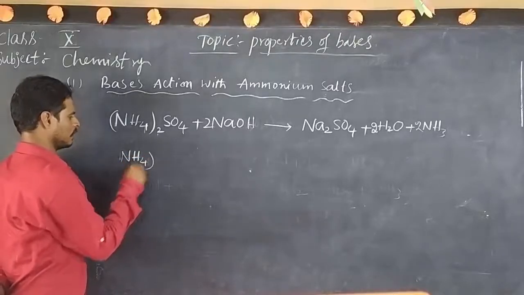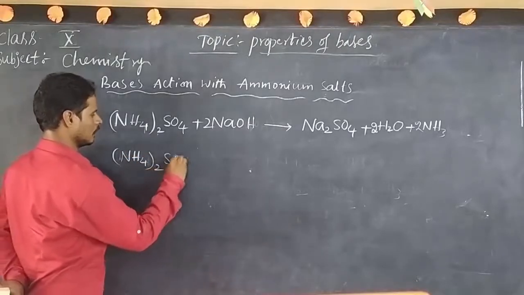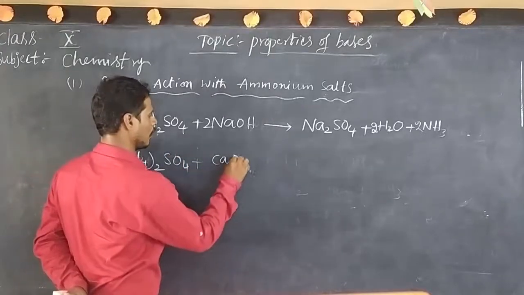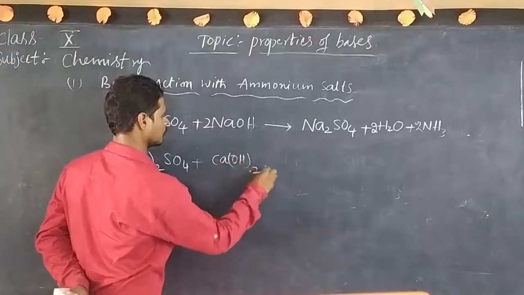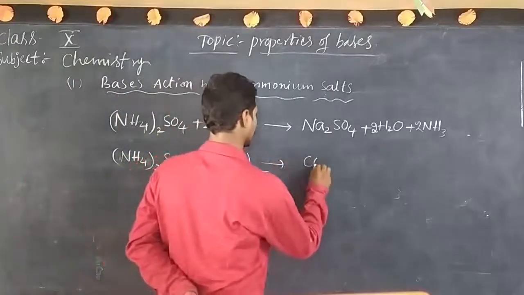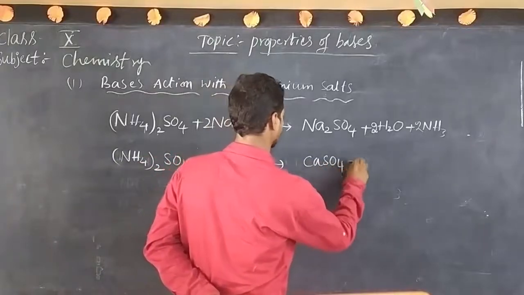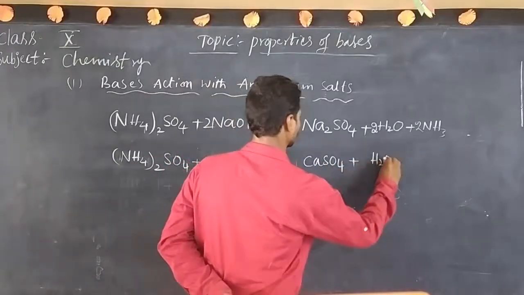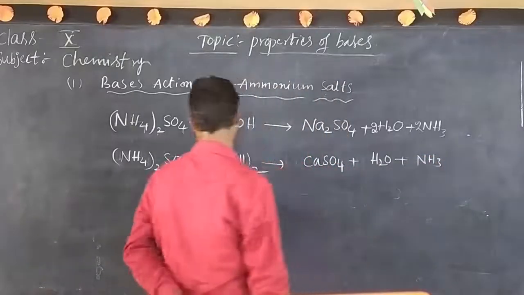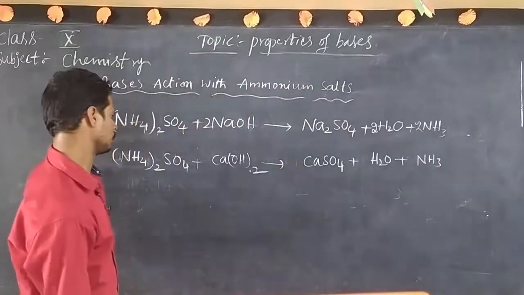Next, ammonium sulfate reacts with calcium hydroxide to form calcium sulfate plus H2O plus NH3. Now balance the equation.